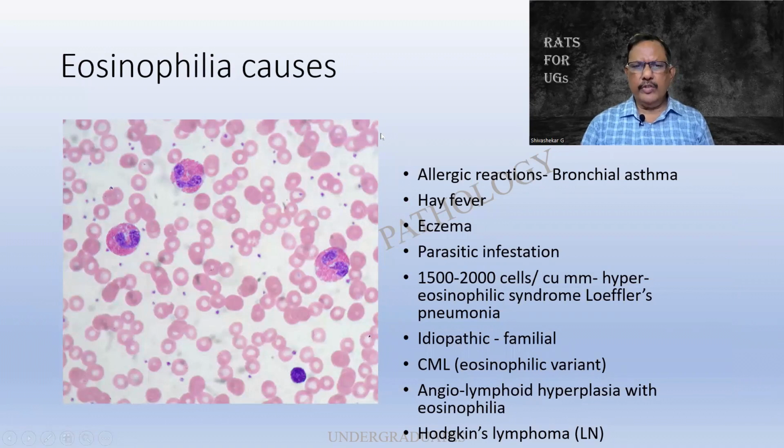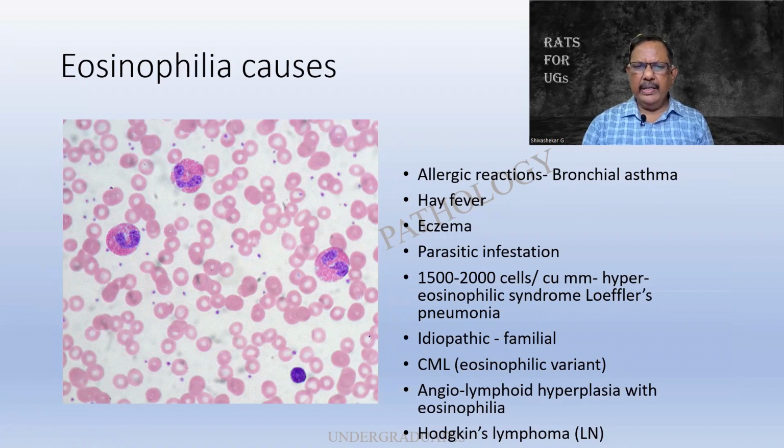Now, what are the causes for it? A common question. It can be in allergic reactions, such as bronchial asthma, hay fever, eczema, contact dermatitis, and parasitic infestation. And in some cases, I find that the absolute count is 1500 to 2000 cells per cubic millimeter.